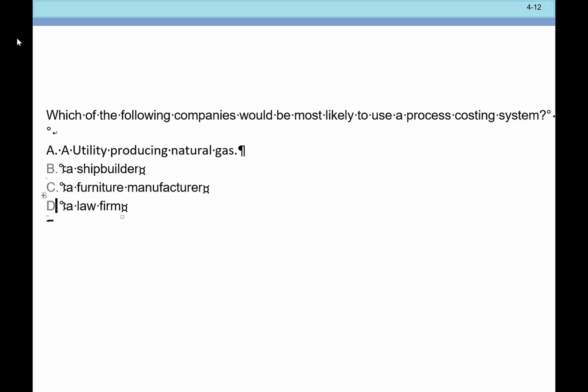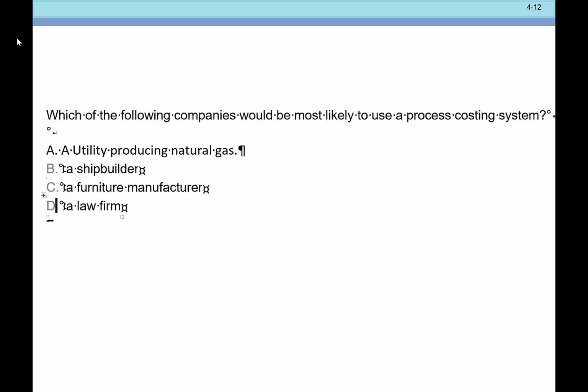And so you look at the correct choice here, utility producing natural gas. Natural gas is what? Just one tank of natural gas after the other. There's really no differentiation. You may say, well, some tanks are bigger than the other. Well, that's all right. We'll just account for how much gas went into whatever tank, right? But the actual production of the gas would be a process costing.